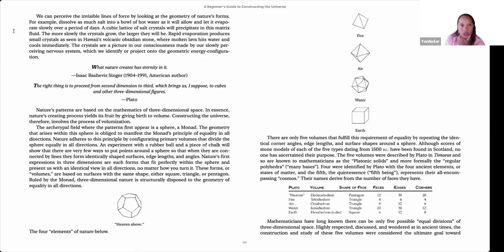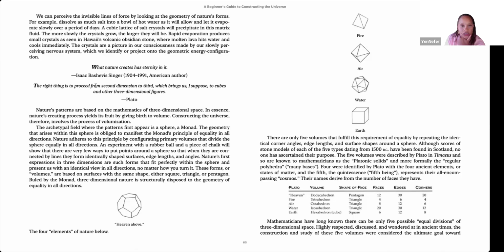Rapid evaporation produces small crystals as seen in Hawaii's volcanic obsidian stone, where molten lava hits water and cools immediately. The crystals are a picture of our consciousness made by our slowly perceiving nervous system, which we identify or project onto the geometric energy configuration. What nature creates has eternity in it.